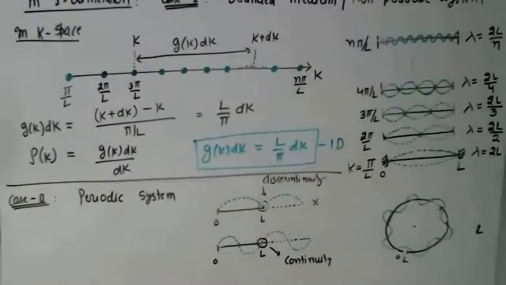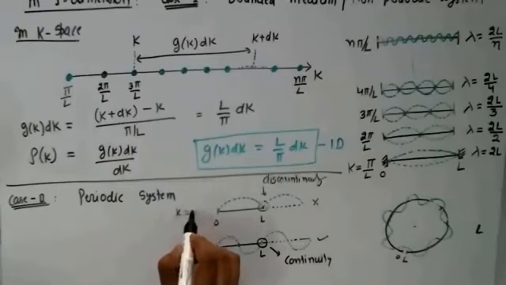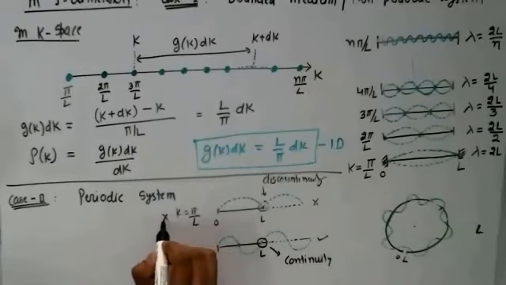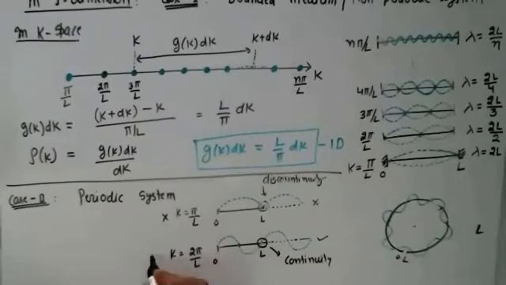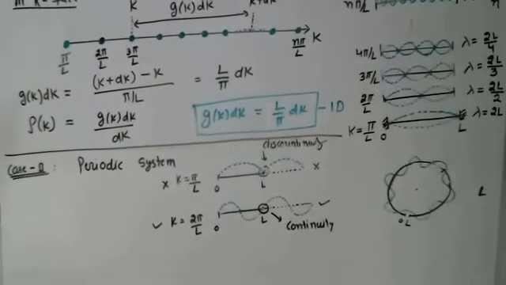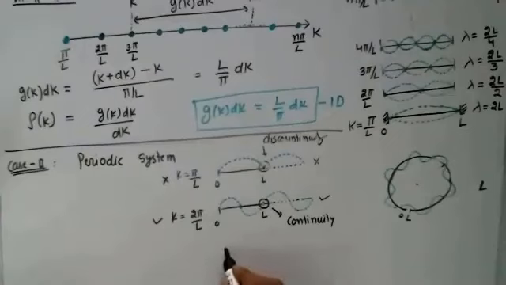Okay, it means this is allowed. It means k equal to pi by L is not allowed, but k equal to 2 pi by L is allowed. Similarly, you can see that the third mode, which is of this nature, am I right?